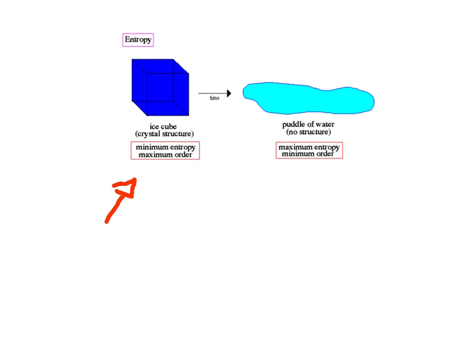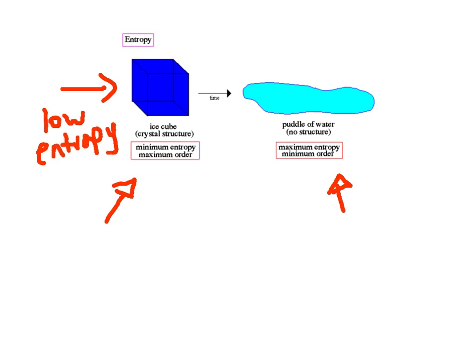And as they increase their kinetic energy, these molecules are moving around more, they're going to melt. So when they melt and you have this puddle of water, you have no structure. It's very disorganized, it's chaotic. And this would be maximum entropy. So the cube is considered low entropy.